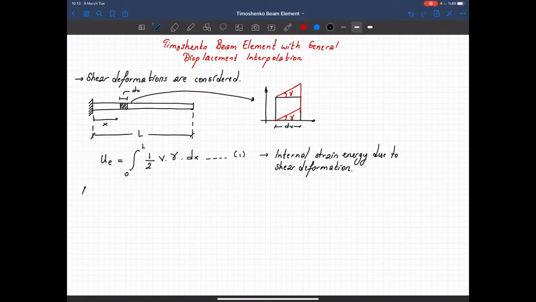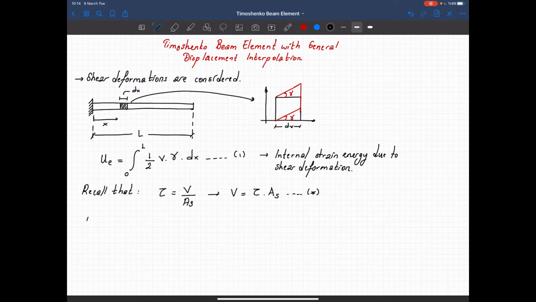Now recall that shear stress is equal to shear force divided by the shear area, and from that equation I'll obtain shear force as equal to shear stress multiplied by the effective shear area. Let's call this one as equation star.